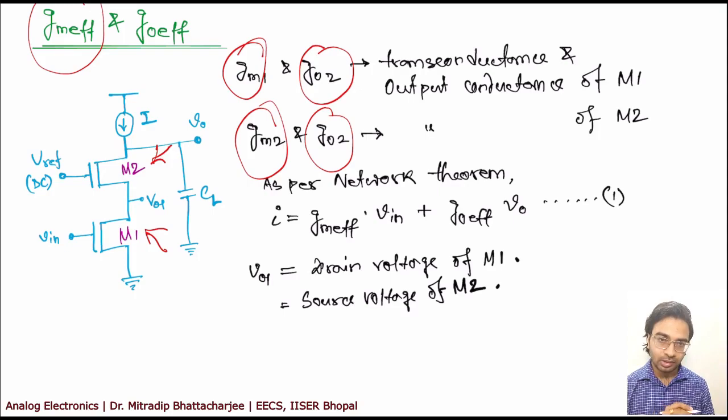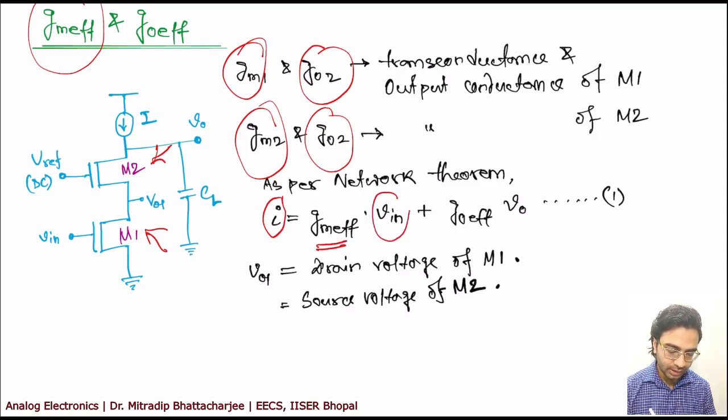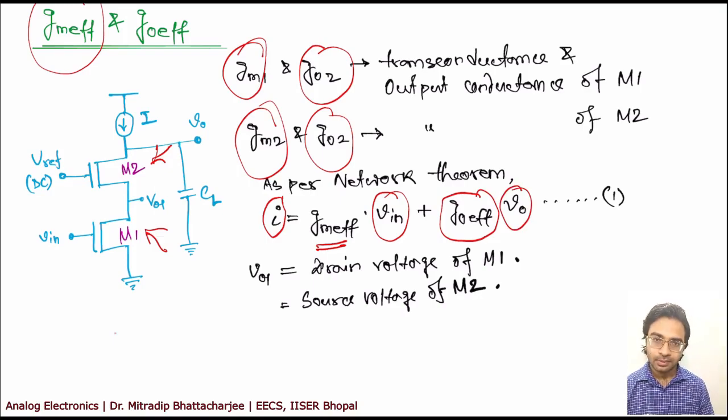Now, as per network theorem, for the two-port network that we always show, we have also given you a circuit equivalent in previous cases, right? So if we go by this network theorem, we can easily say that your total current I is equal to GM effective into V in plus GO effective into V0, right? See, what is your current?